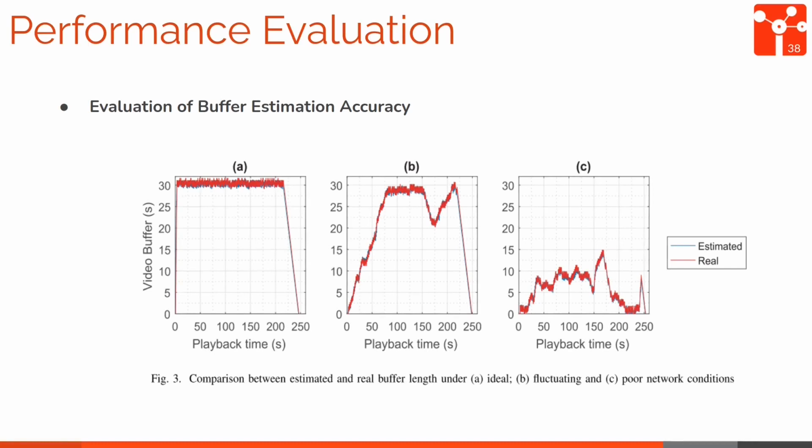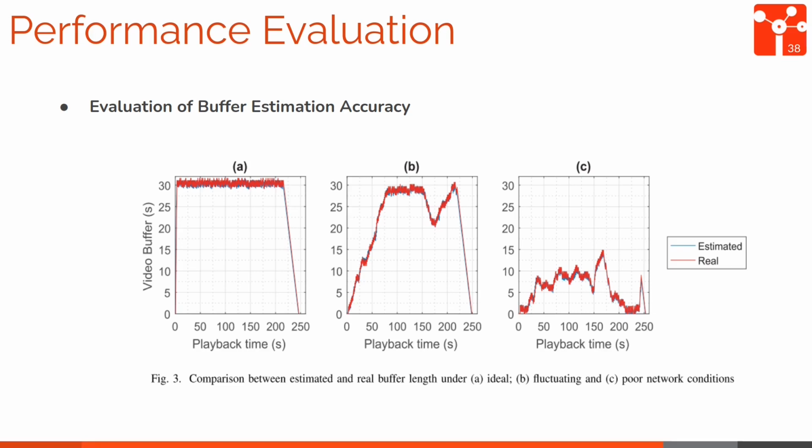For the evaluation, the authors used three kinds of network scenarios with different latency and different packet loss rates under the same RAN condition, and they named the three conditions ideal, fluctuating, and poor network condition. This is the scenario where the algorithm estimated the video buffer.